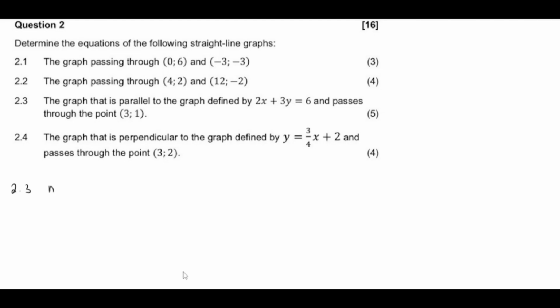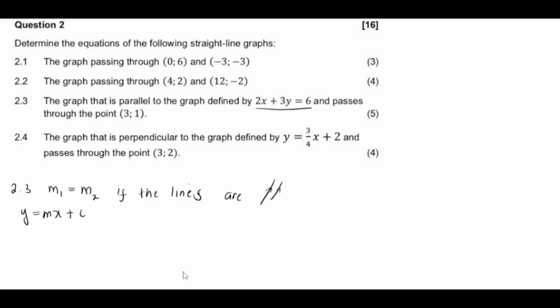So that means m1 is equal to m2 if the lines are parallel. Now let's find the gradient of this line by simplifying our equation so that it sits in the form y is equal to mx plus c.